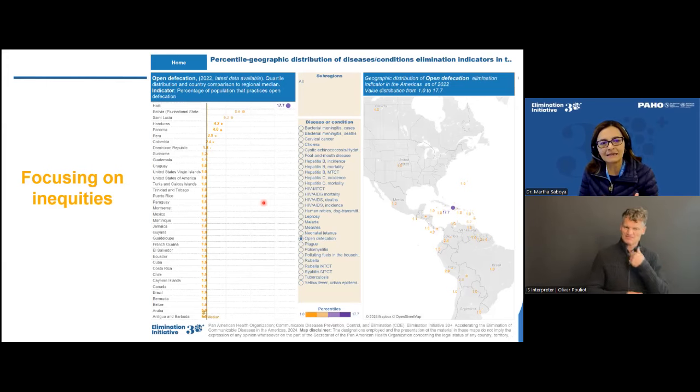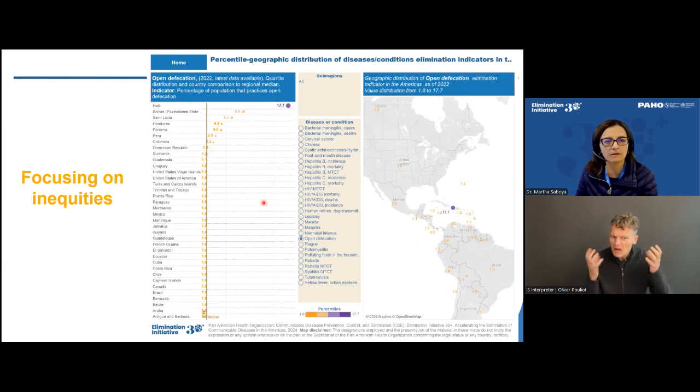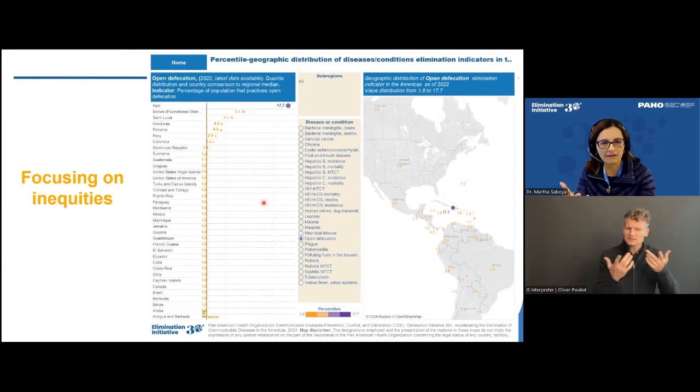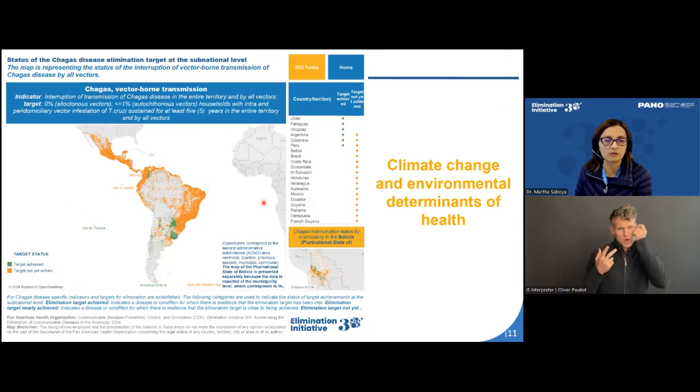So understanding what is happening behind these figures on the number of cases or percentages of populations affected by X disease or having this kind of risk practices is key if we really want to accelerate the elimination of these diseases and conditions.